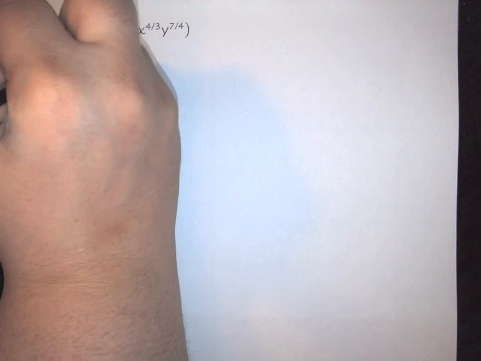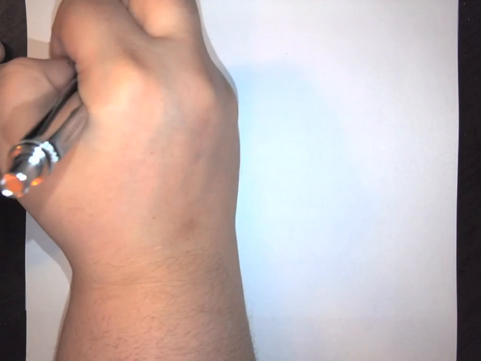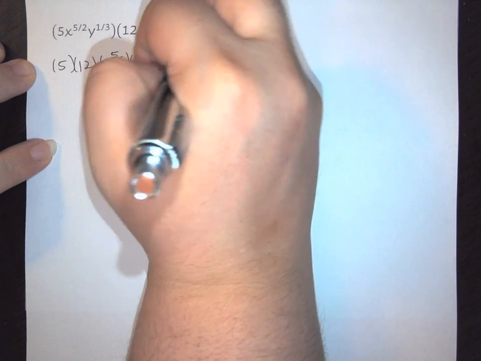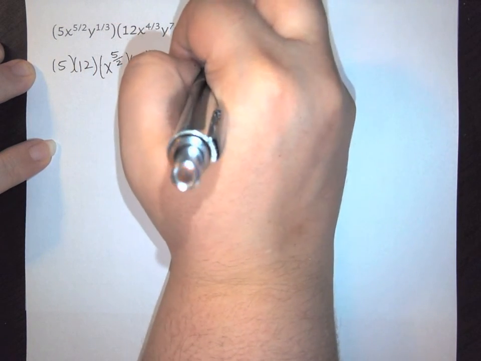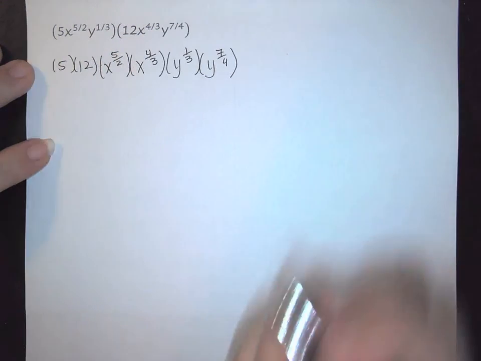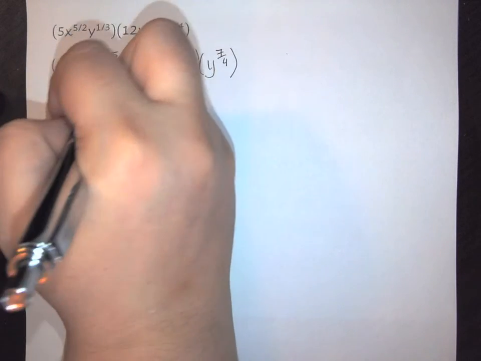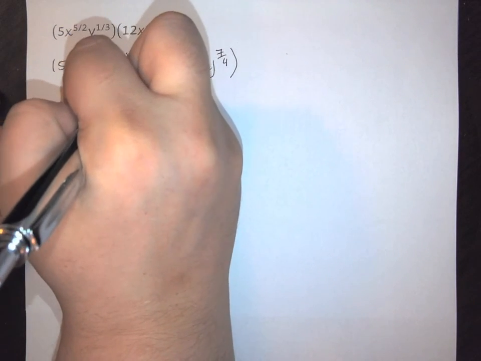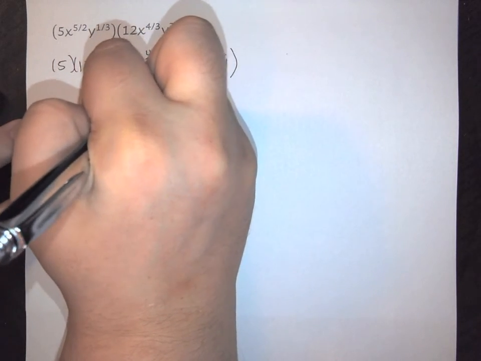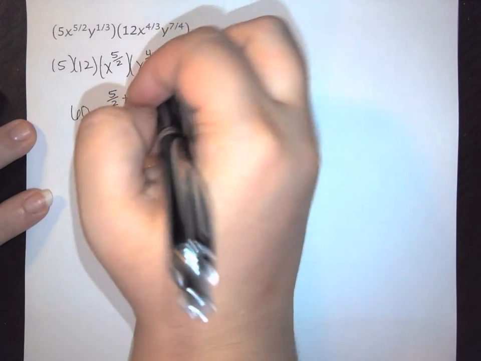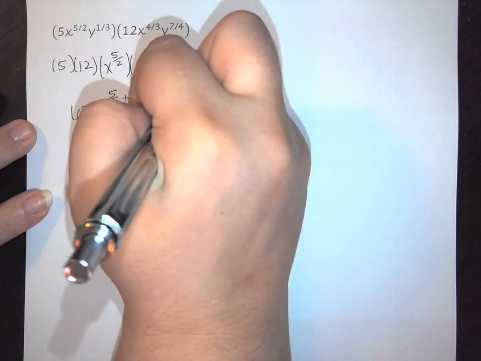So this is really going to be 5 times 12, and then I'm going to have x to the 5 halves, x to the 4 thirds, y to the 1/3, y to the 7 fourths. 5 times 12 is 60, and then this is going to be x to the 5 halves plus 4 thirds, and then this is going to be y to the 1/3 plus 7/4.